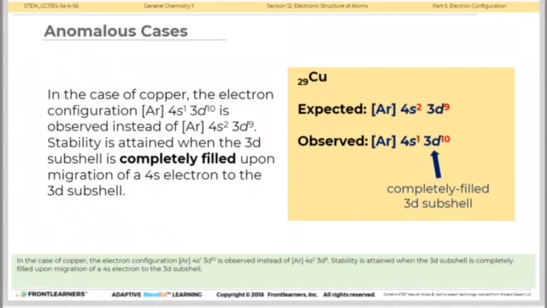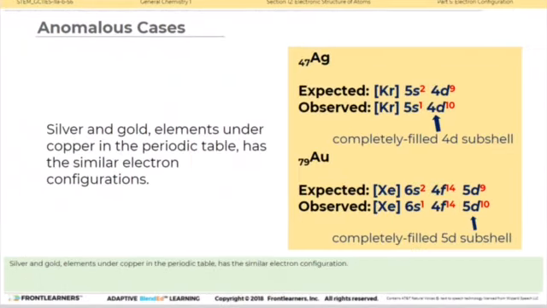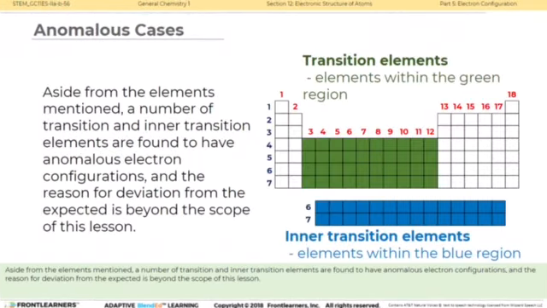Stability is attained when the 3d subshell is completely filled up, by migration of a 4s electron to the 3d subshell. Silver and gold, the elements under copper in the periodic table, have similar electron configurations. Aside from the elements mentioned, a number of transition and inner transition elements are found to have anomalous electron configurations, and the reason for the deviation from the expected is beyond the scope of this lesson.